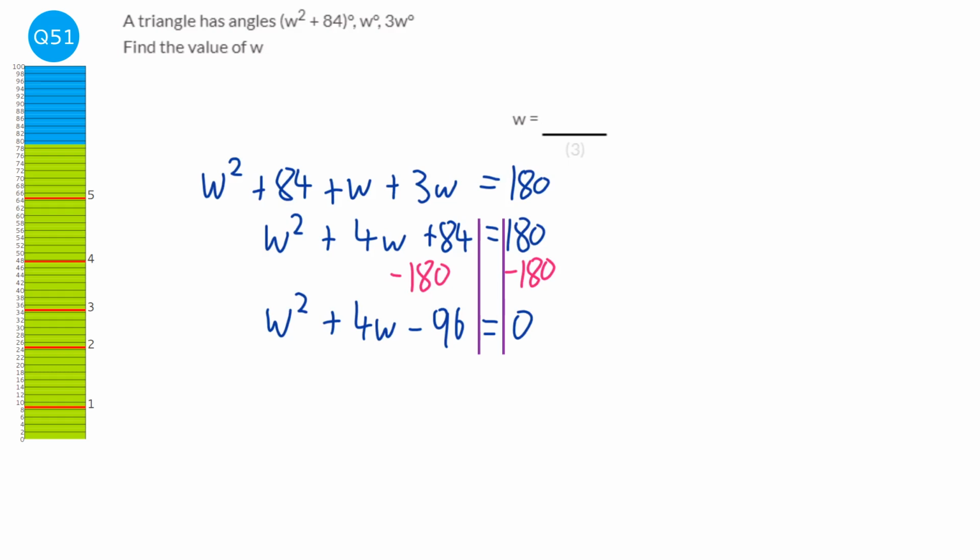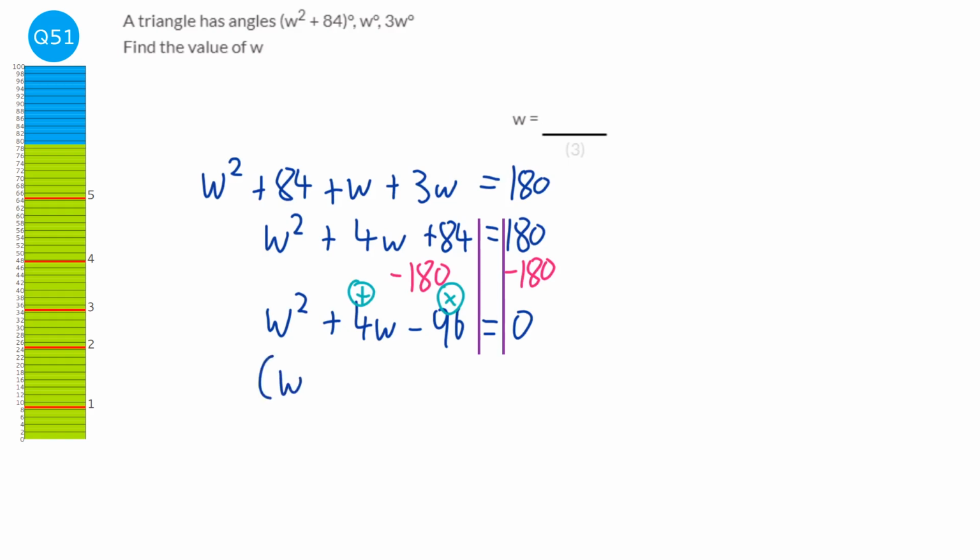So with quadratics, when we're trying to solve them, we need to put them into brackets. And to do that, we need two numbers that add together to make the 4 here and multiply together to make the 96 here. So just going through different numbers for 96, and you can try different ones.